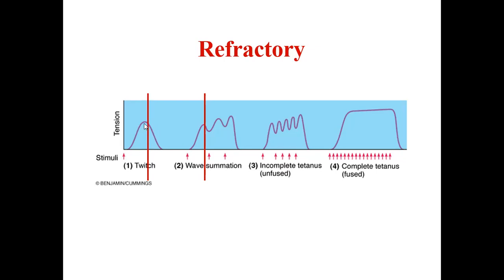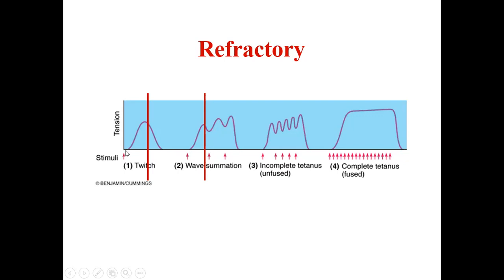Now, during this time, even if you try to contract the muscle further, it is difficult. So it has to have gone through at least a small refractory period, after which you can initiate a second one. If you stimulate anywhere after the refractory period, you can initiate a second wave.